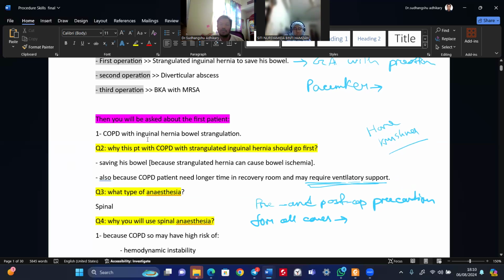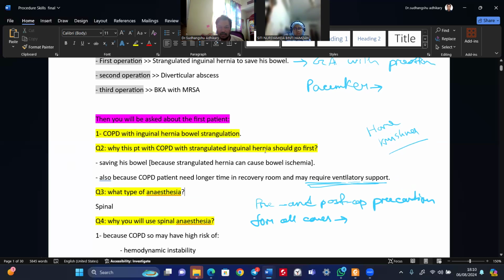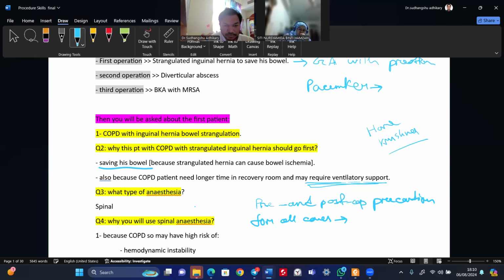COPD with inguinal hernia with bowel obstruction. This is the first case. Why should this patient of COPD with strangulated hernia go first? Answer is saving his bowel, because strangulated hernia can cause bowel ischemia. Also, COPD patient needs longer time in the recovery room and may require ventilatory support.